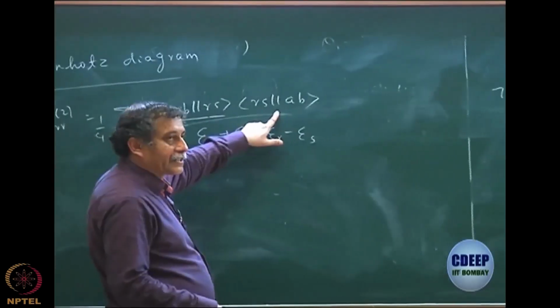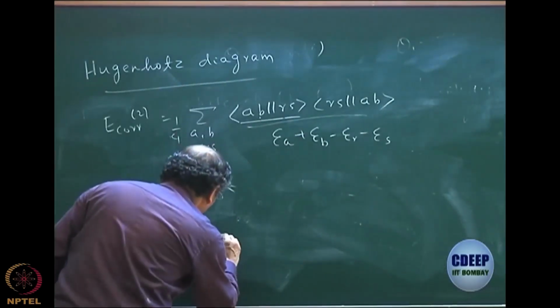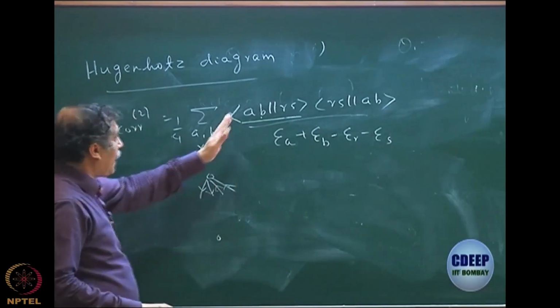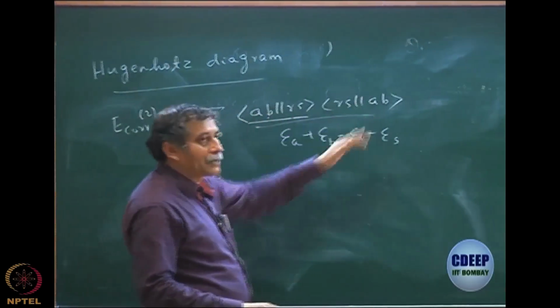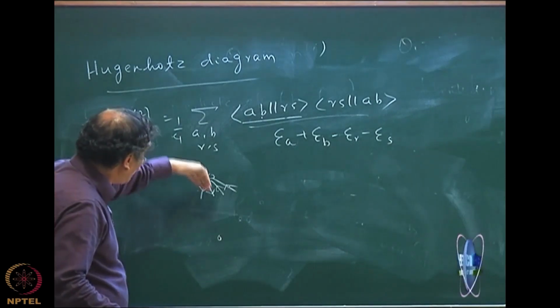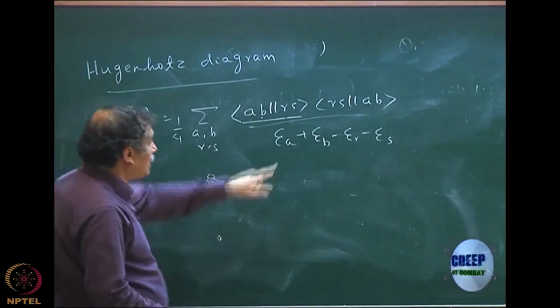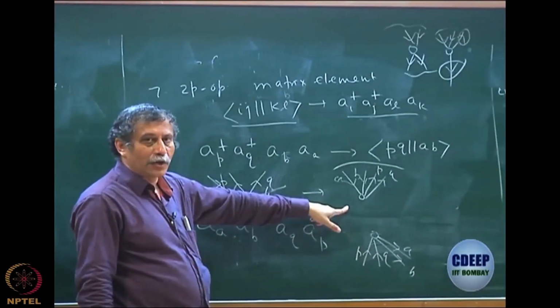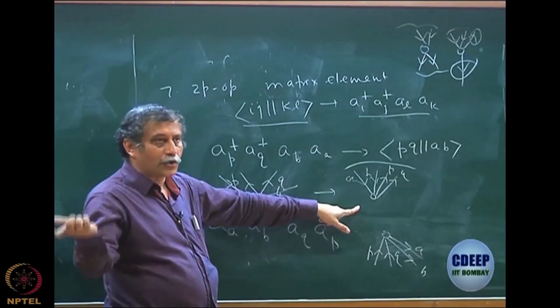You draw this vertex, RSAB. So the rule is that for every vertex that I have, when I multiply, order them on the board one after another. So how will this look like? I have already drawn this. Exactly a conjugate of this, right? Because that is a conjugate of this.